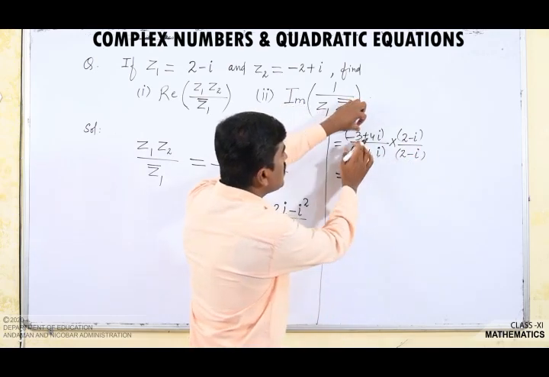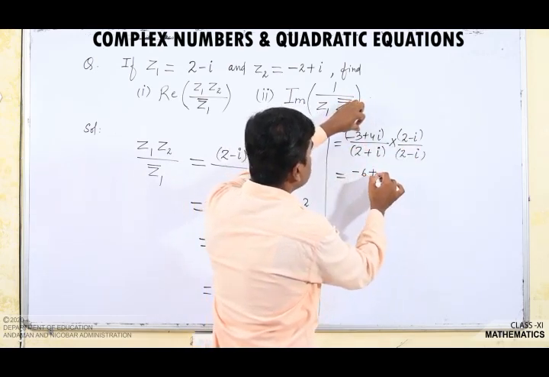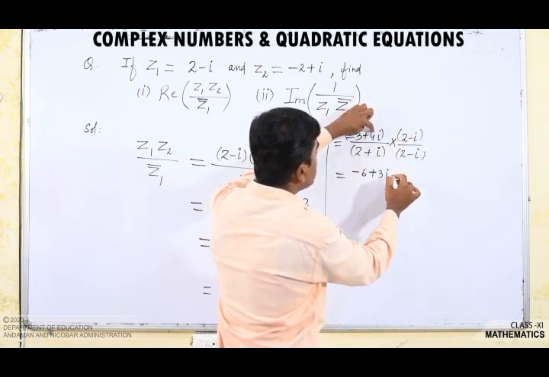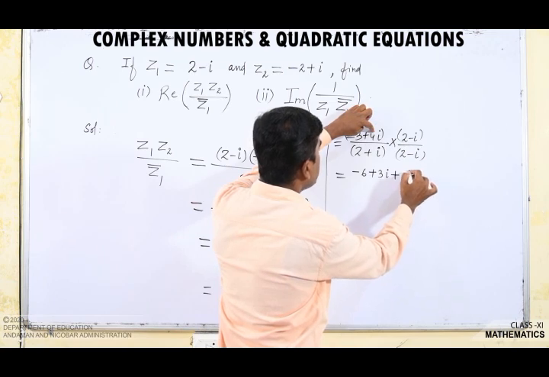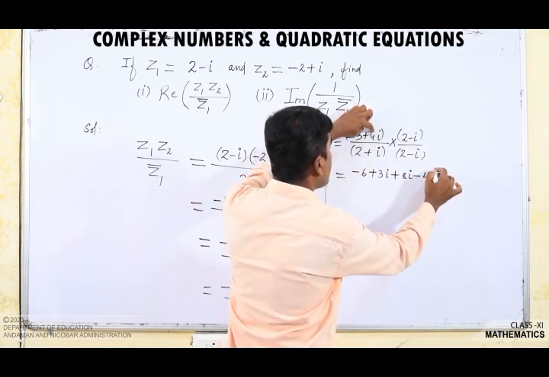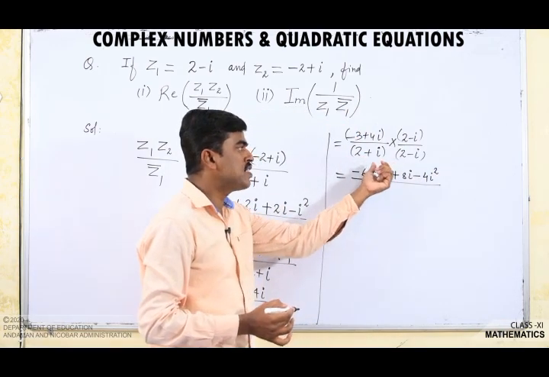So, it is equals to, this is minus 3 into 2 minus I, that is minus 6 plus 3I, then 4I into 2 minus I, that is 8I, then 4I into minus I, that is minus 4I square, divided by, it is in the form of a plus b, a minus b.